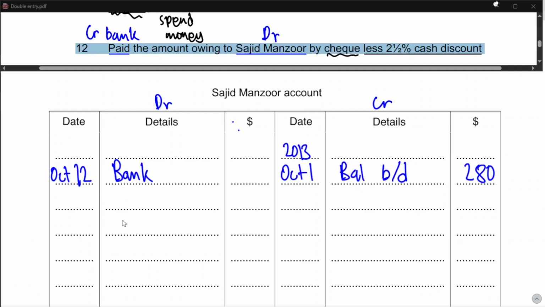Then it says pay the amount owing, so it actually refers to the amount already recorded. So this cash discount we need to record here. Discount.